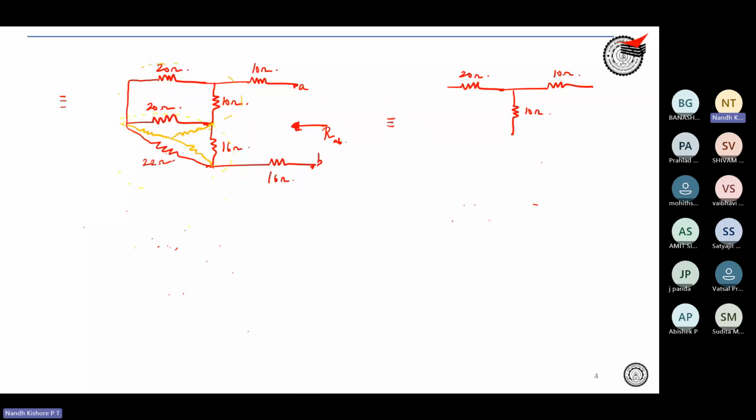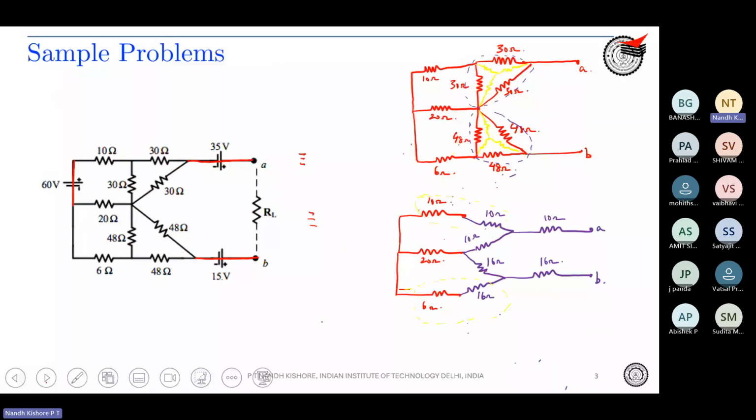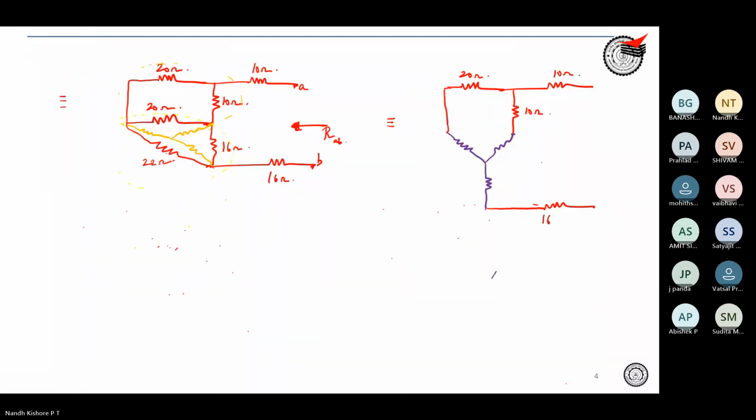And then I'm having a star connection. After which I again have another resistor. So this is the equivalent that we are now having.